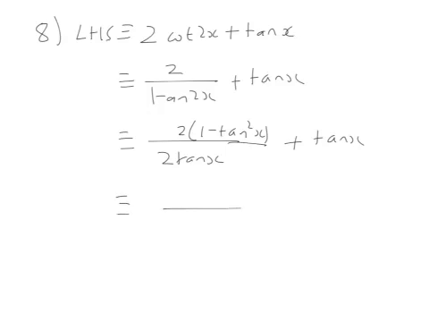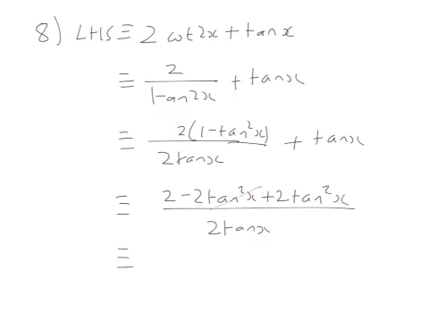Let's put everything over 2 tan x, so it's 2 minus 2 tan squared x plus 2 tan squared x. Obviously they cancel out, so we're left with 2 divided by 2 tan x. 2 divided by 2 is 1, so that's 1 over tan x, and 1 over tan x is cot x. Proof complete.